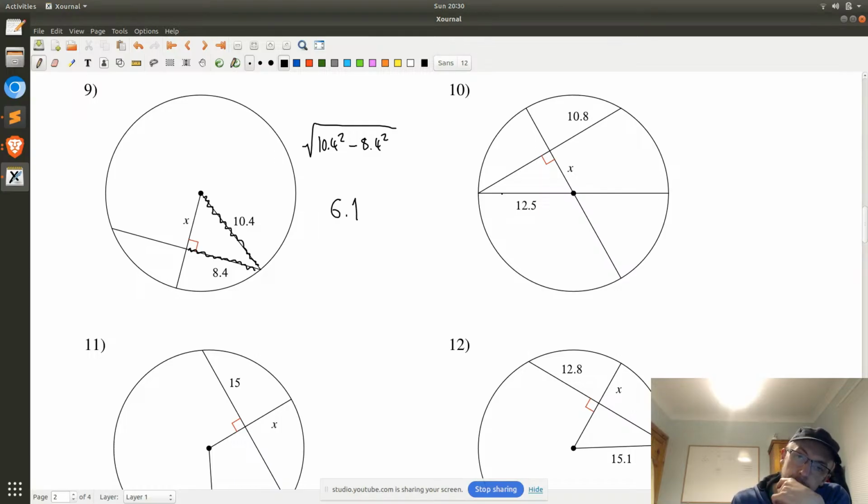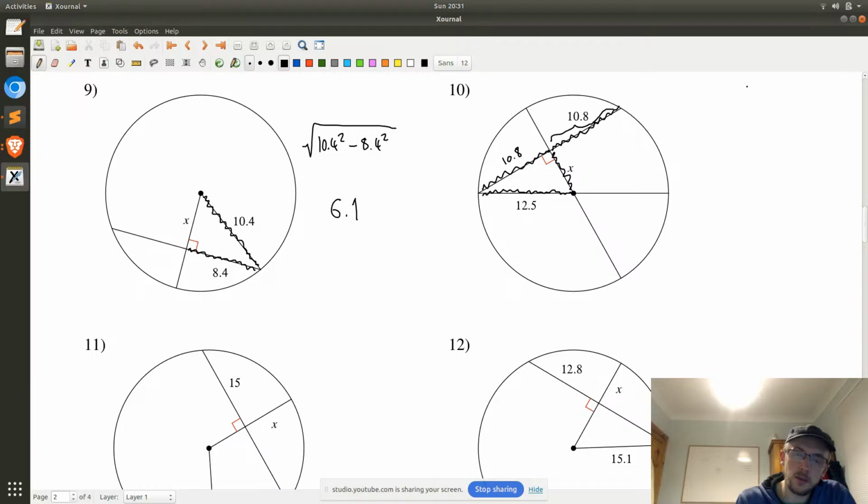Here, there's ambiguity, but okay, I think 10.8 refers to this length here, and 12.5 refers to this length here. So, although it may not look it, this radius would bisect this chord, and therefore this would be 10.8.